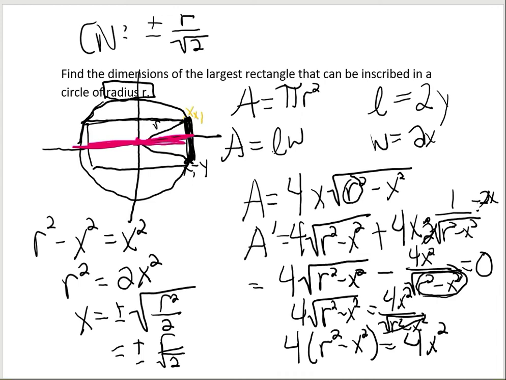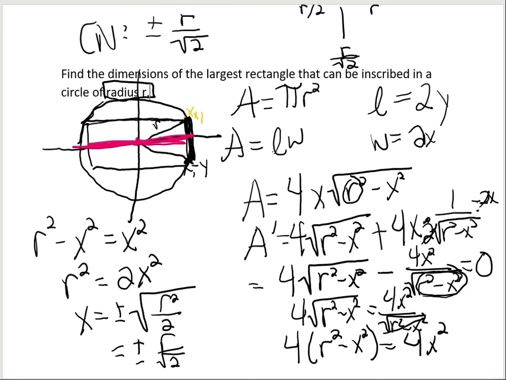But by the symmetry of the problem, that's basically the same thing. So we really only have the one critical number. Okay, so we could take something like r over 2 versus just r and test this.